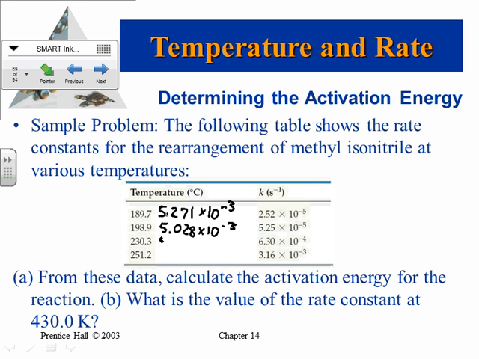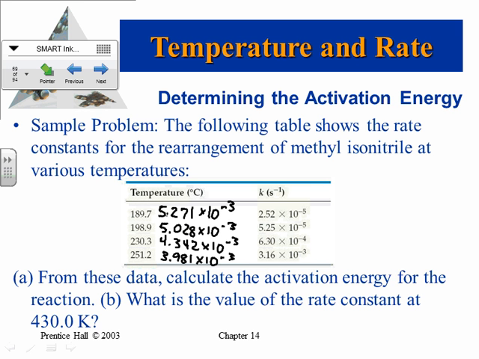The inverse of this is 4.342 times 10 to the negative 3rd. And the inverse of the last one here is 3.981 times 10 to the negative 3rd. Okay? So now we found our points for our x-axis, okay?